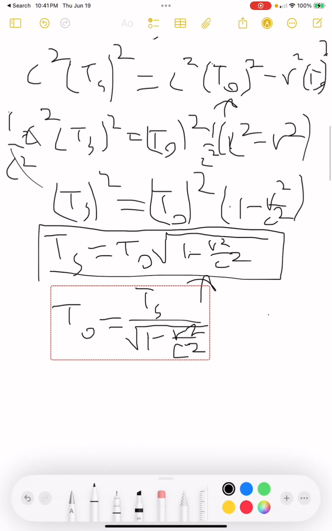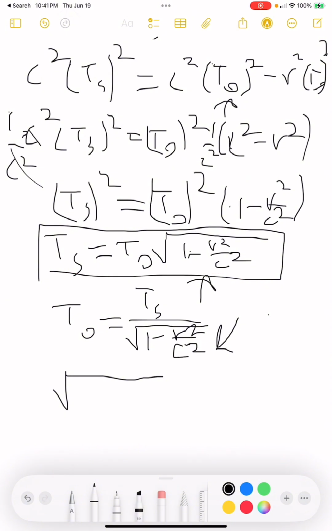So this is what we'll get for solving for t of 0. Now we know the denominator of a fraction can't be 0, and a square root can only be positive or 0. So we can say that the square root of 1 minus v squared over c squared has to be bigger than 0.